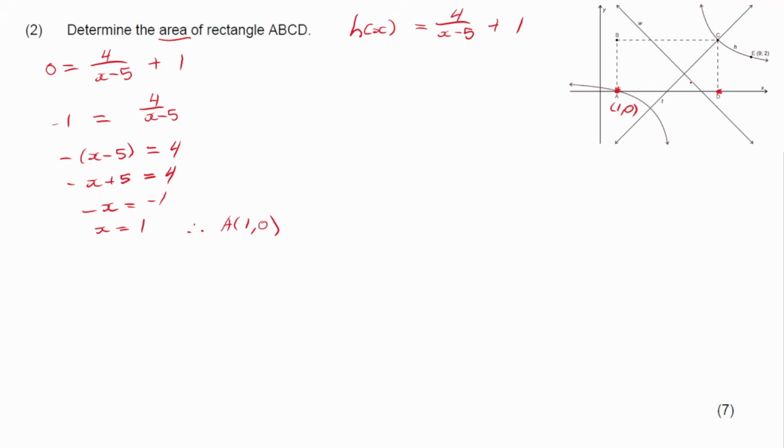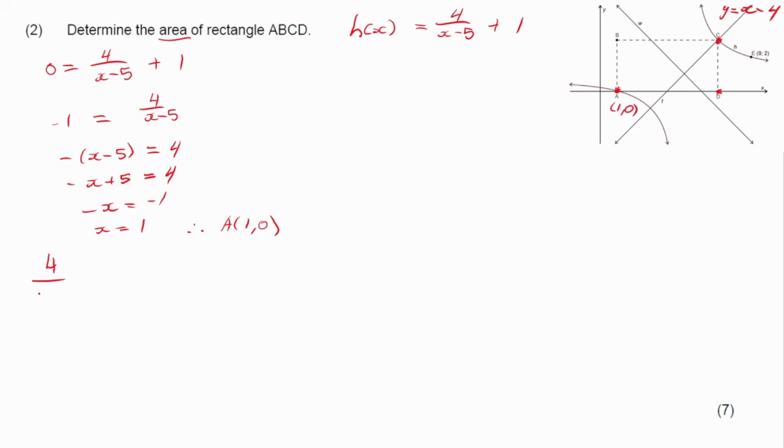And to find the coordinates of C, I also need the coordinates of C. I'll notice that it's the intercept between this line T and the hyperbola over here. And if you remember, T is given by y is equal to x minus 4. So we need to solve for that point of intersection.